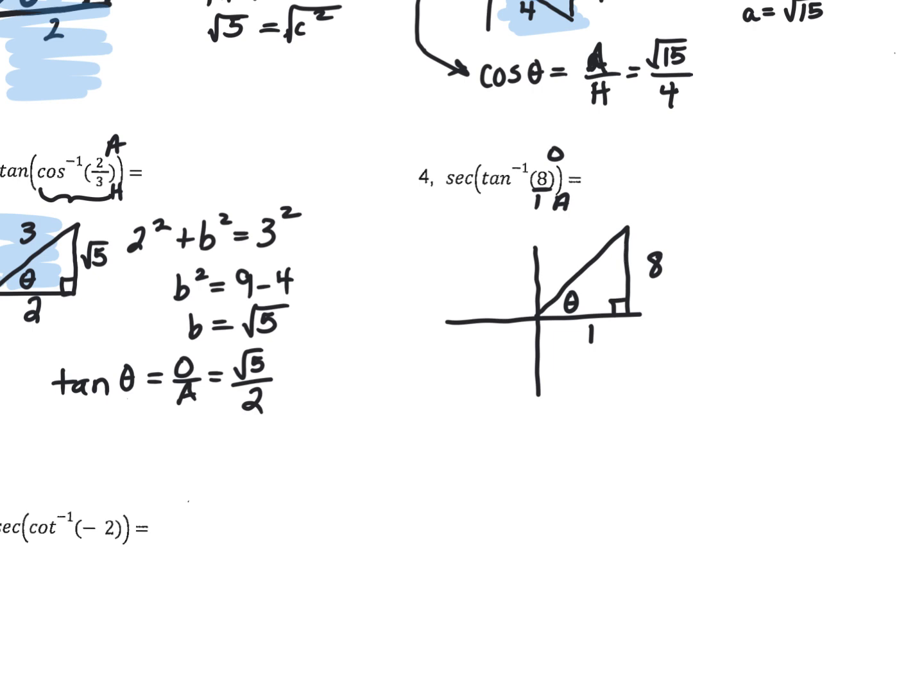What is secant? It's 1 over what? So if cosine is equal to adjacent over hypotenuse, what is secant then equal to? So then use that to find the secant of theta.